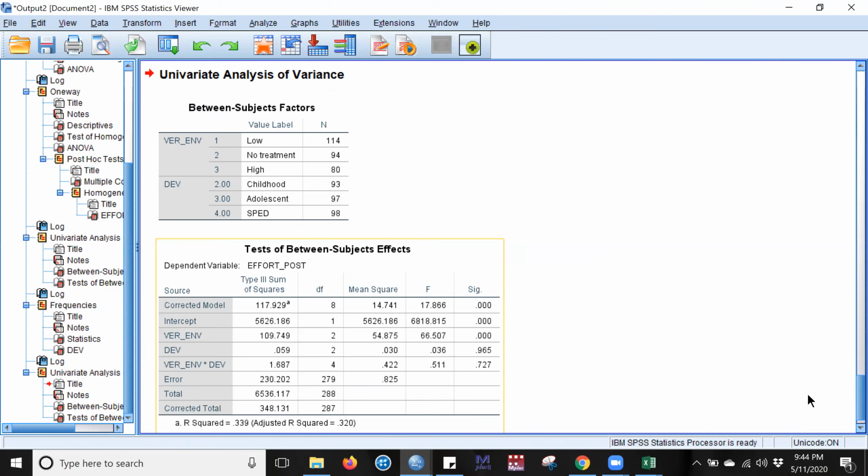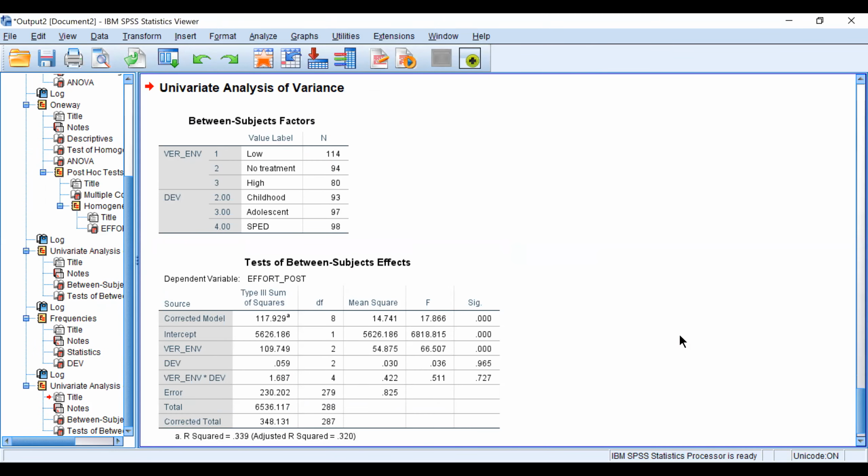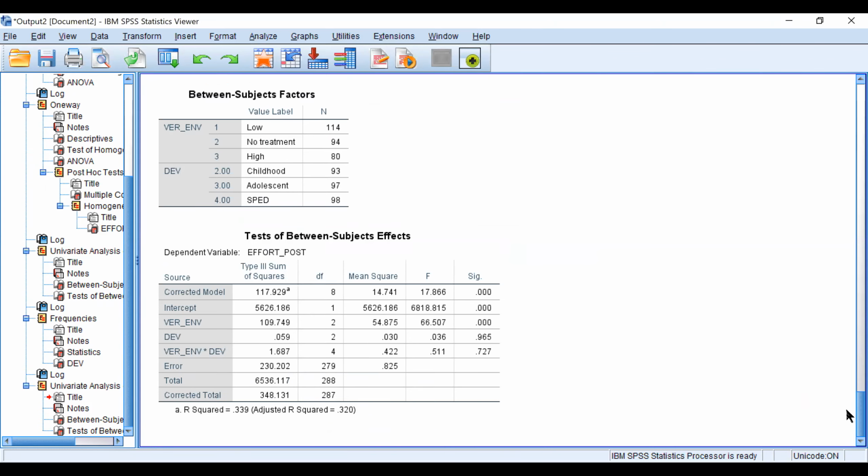And looking at the output of that test, we see the numbers in each group, and then we see the between subjects effects. The condition of which they're thinking that students are at, the achievement level, is statistically significant, and developmental level is not.